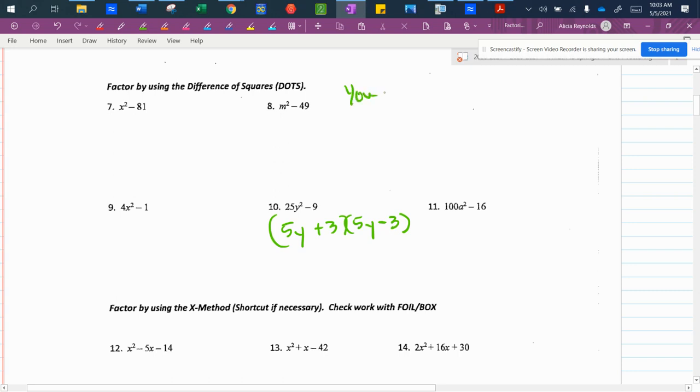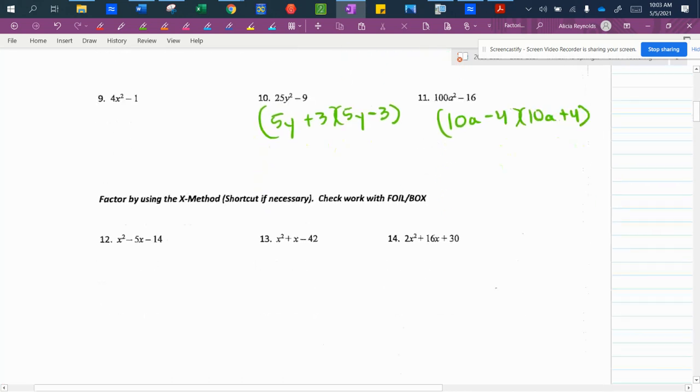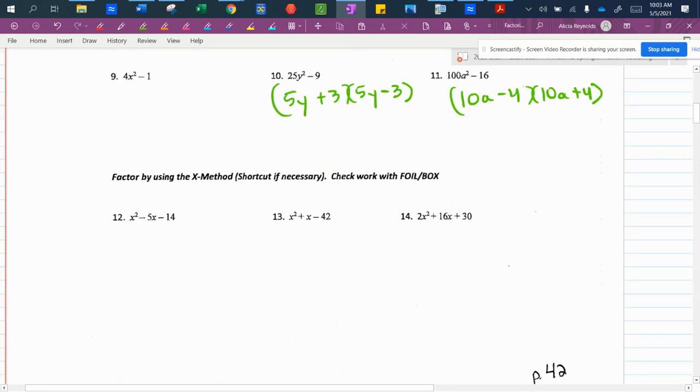So you do number 7 through 9. 11, I get 10a minus 4 times 10a plus 4. So you do 12 and 13, I'll do 14.